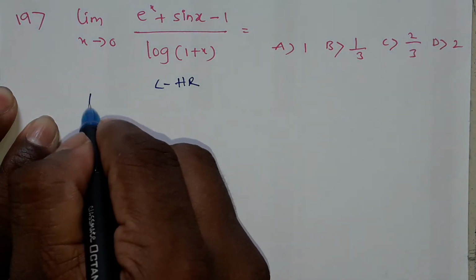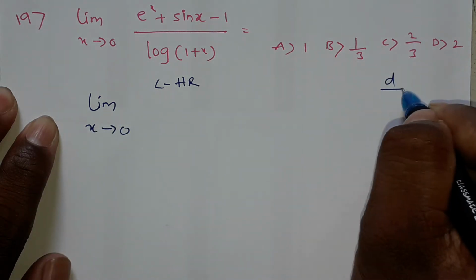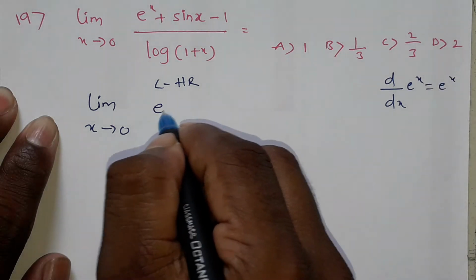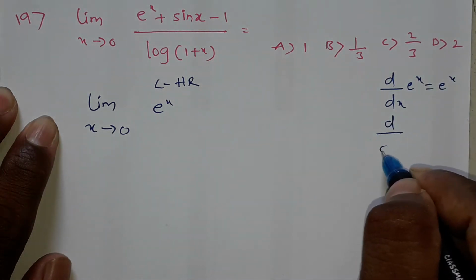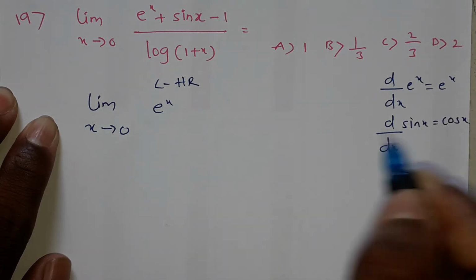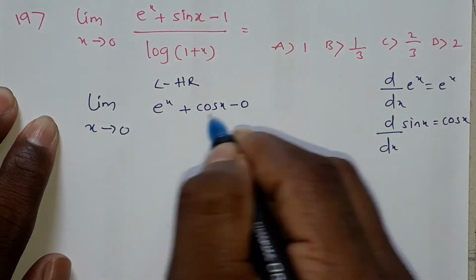Here limit x tends to 0, the derivative of e^x is e^x. The derivative of sin x is cos x, and the derivative of the constant is 0.